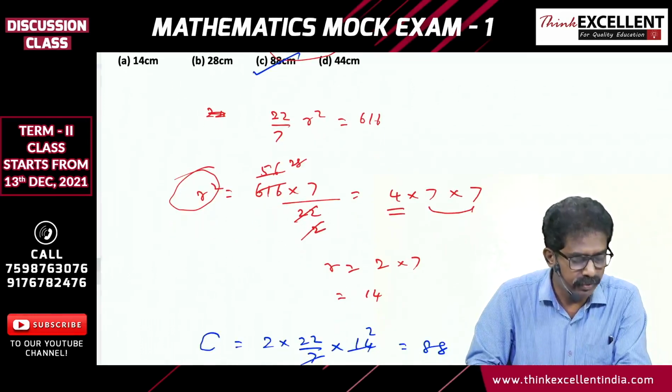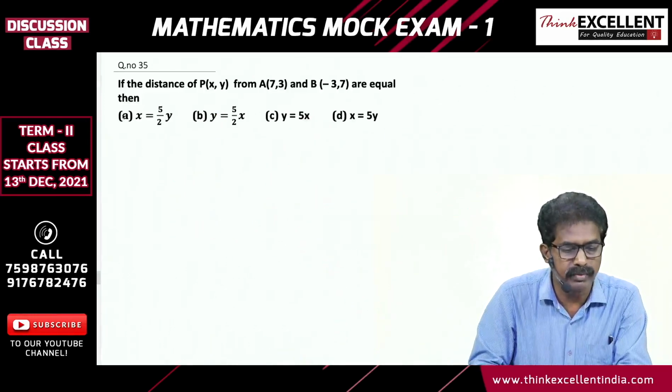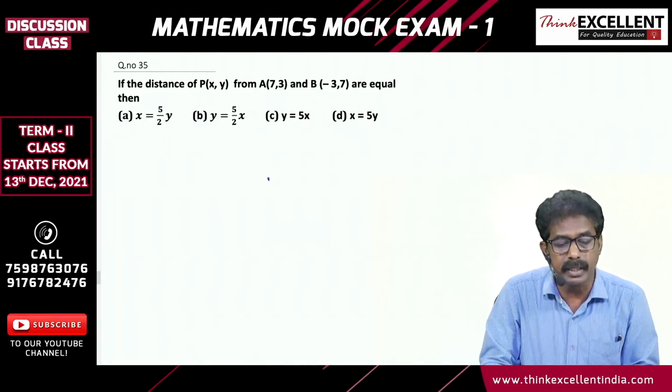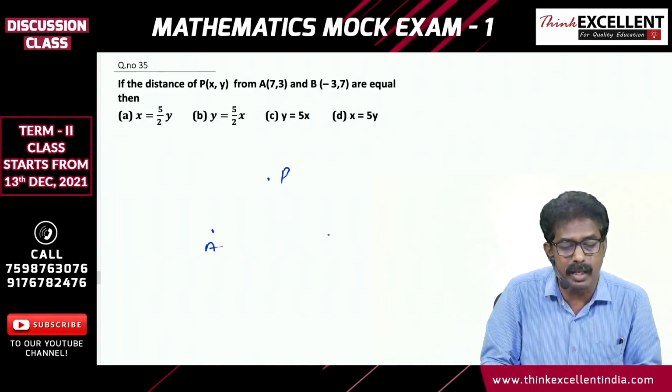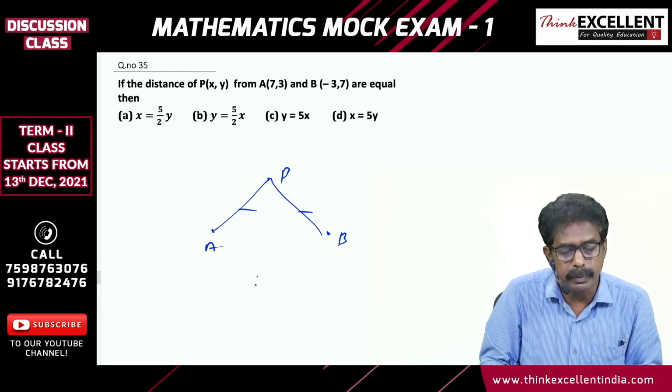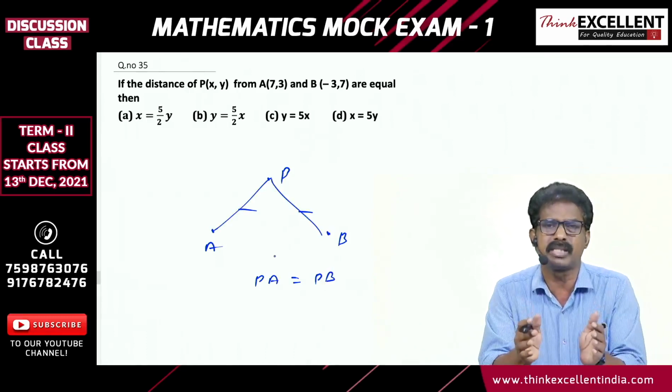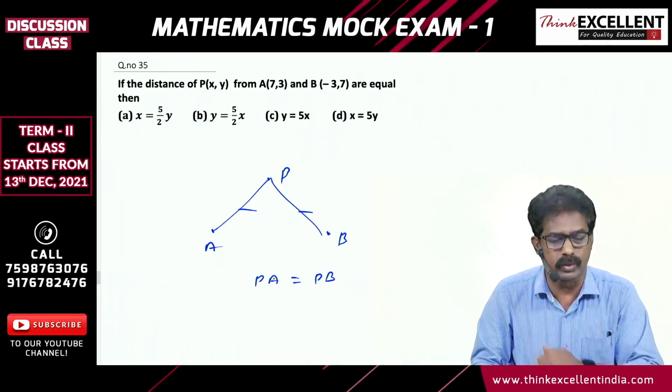Now question number 35. If the distances from P to A and B are equal, so P is one point, A and B are two points. They said the two distances are equal. So PA is equal to PB. Whenever you use the distance formula, you square it so that you can avoid the root, right?